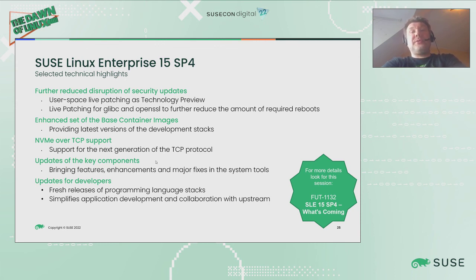Live patching is crossing the border between kernel and user space, and it will be available for glibc and OpenSSL. Those two packages will be the first to pilot this feature in user space.